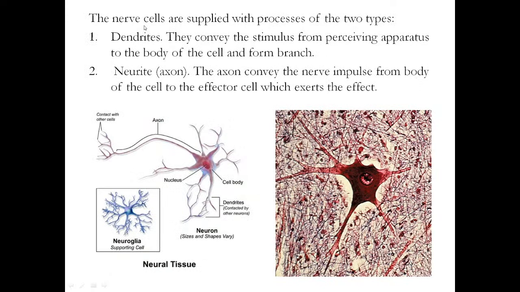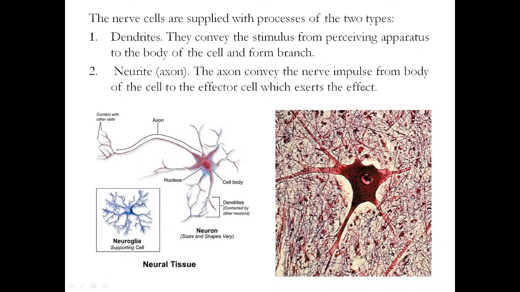Nerve cells are supplied with processes of two types. Dendrites, what you see, dendrites, convey the stimulus from the perceiving apparatus to the body of the cell and form branches. Neurite, axon.